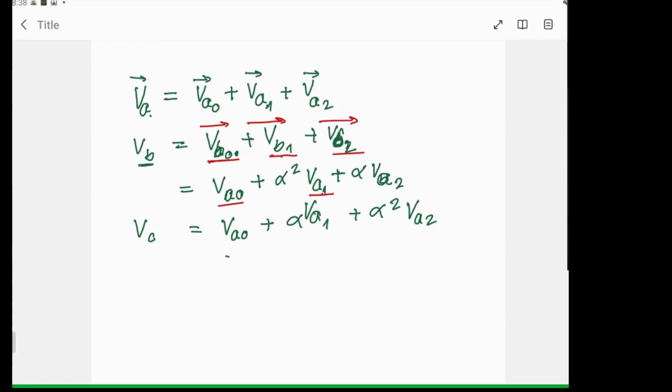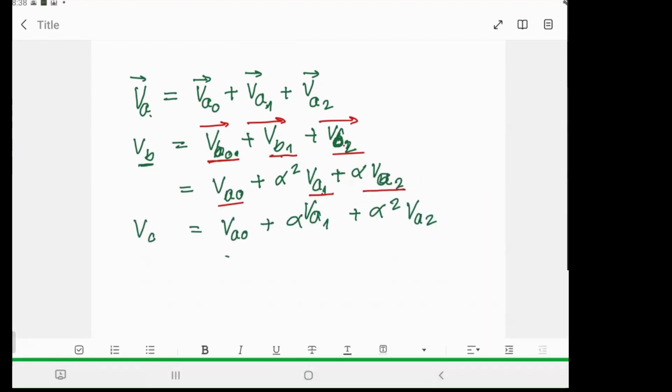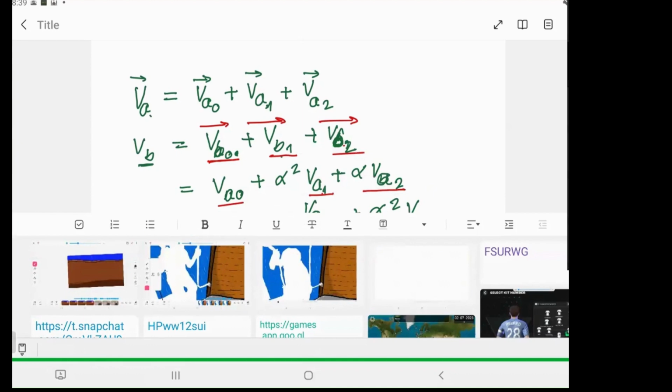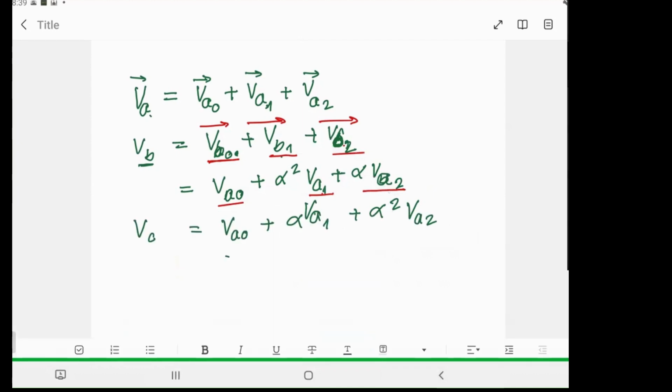Alpha has to indicate one rotation, the displacement of 120 degrees. A2 is the same. So V2 is replaced with A2, but it has to be shifted by 120 degrees. Then I will find out B2. So this is a negative sequence component, so that's why we'll find out with one shift.